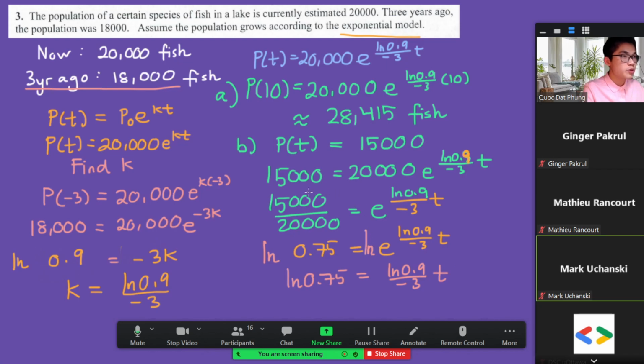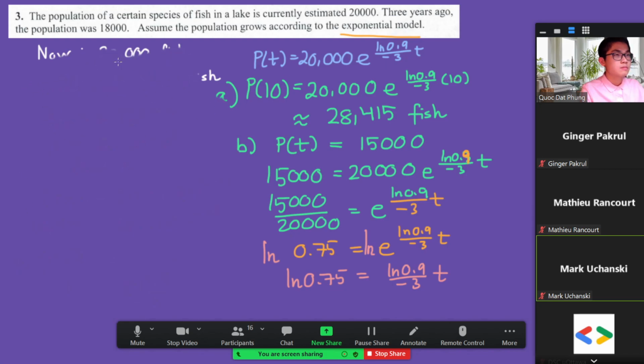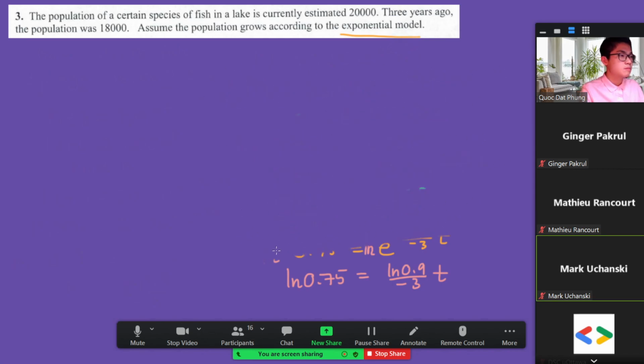Okay, so are we good with this one? I'm gonna erase this one for more space. So if we multiply both sides by the reciprocal of this, we get t is equal to -3 over the ln of 0.9 times the ln of 0.75.